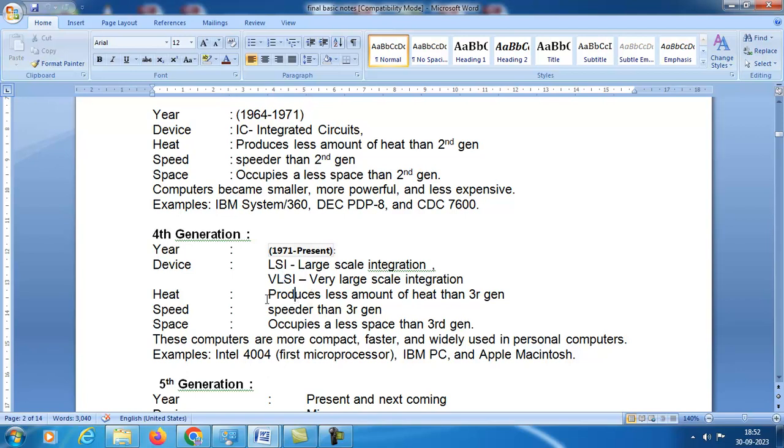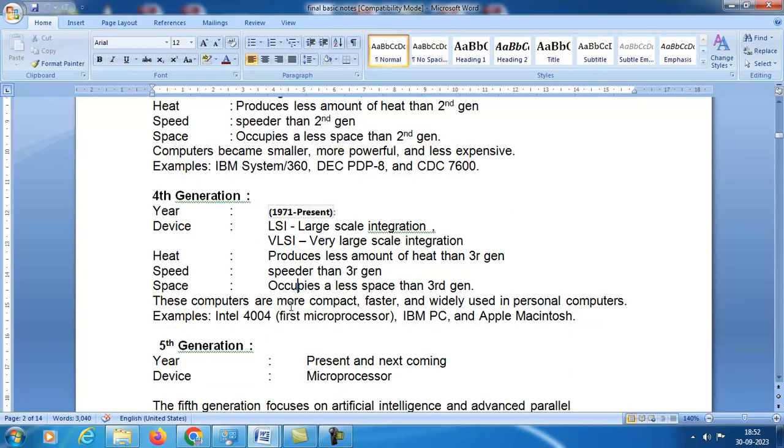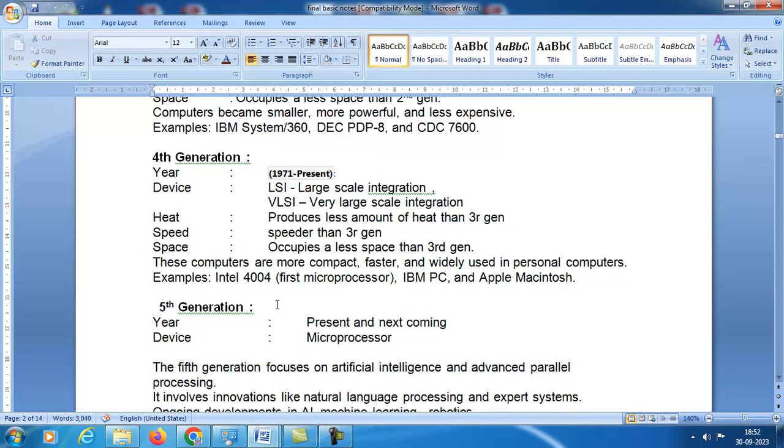So the heat produced is less compared to the third generation, and fourth generation computers are faster than the third generation and occupy less space. These computers are more compact, faster, and widely used as personal computers. PC means personal computer.